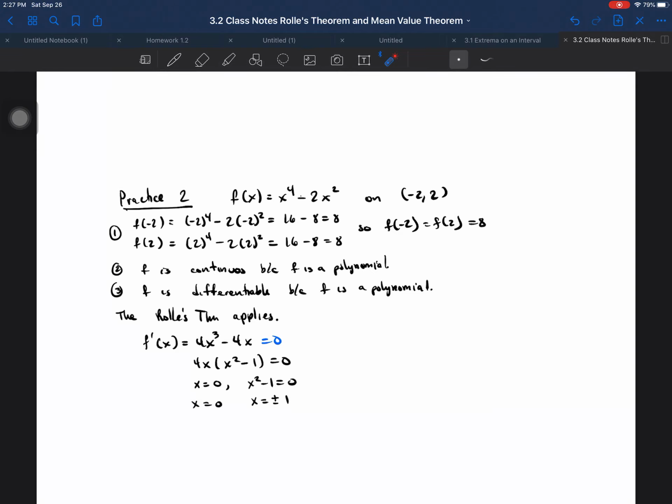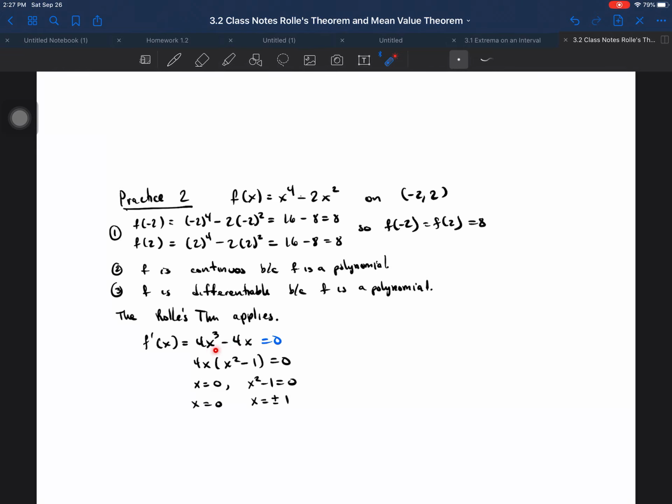So now we have met all the conditions, so that means we're guaranteed to find an x value between negative 2 and 2 such that the derivative of it is equal to 0. So what we're going to do now is find it. We set the derivative equal to 0 and let the algebra do the work, and the algebra will actually find us that number.